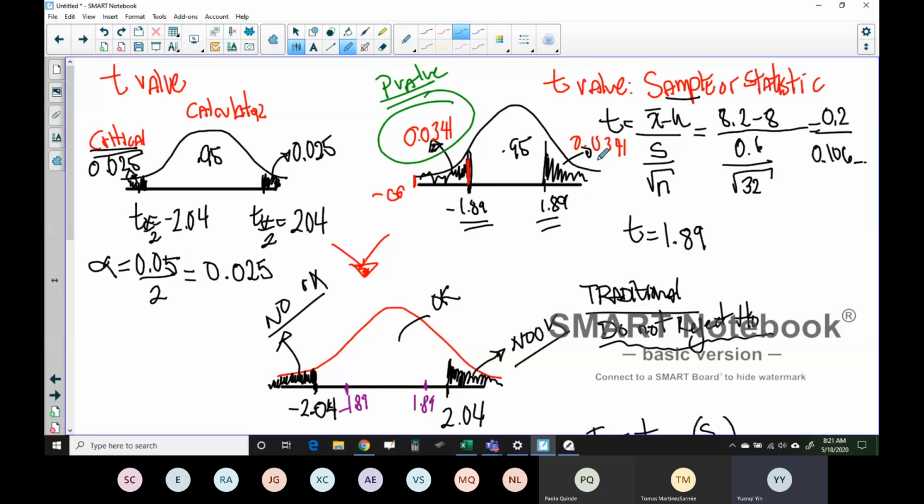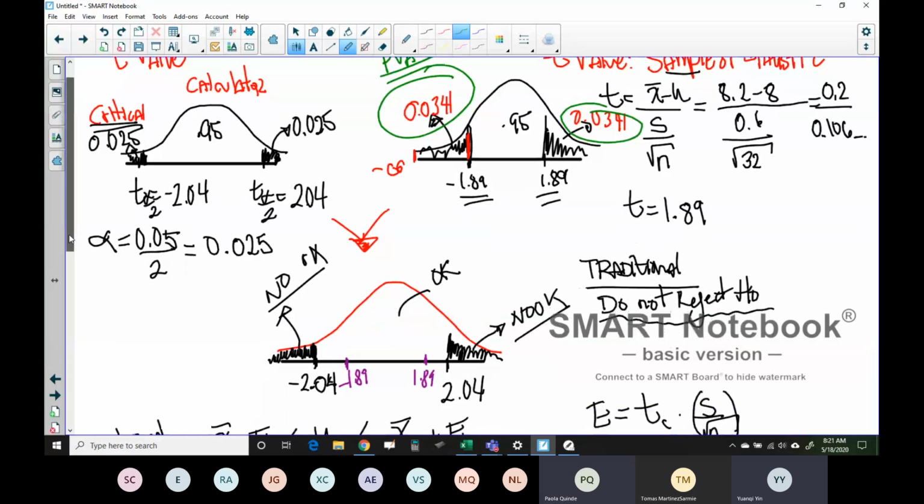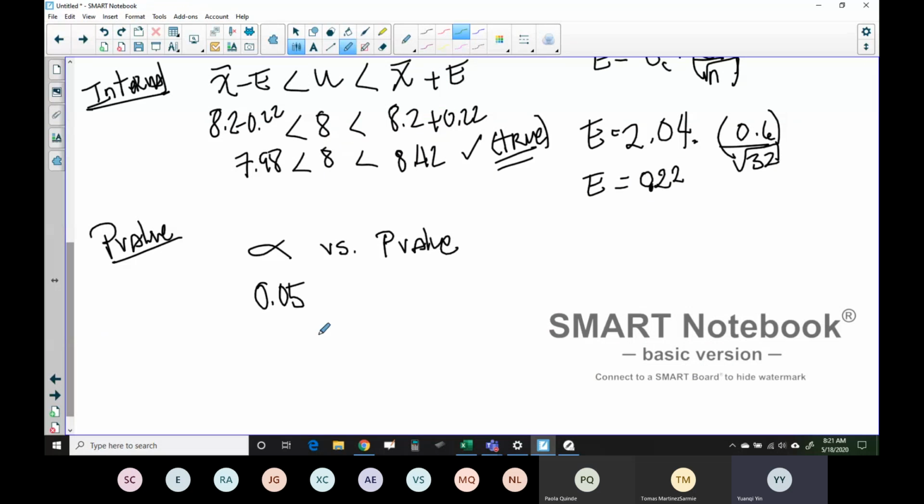The problem is that we have two p-values because we have a two-tail test, so the number is divided into two pieces. So we have to go back here, and it's 2 times 0.0341.